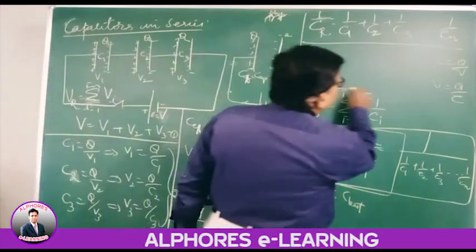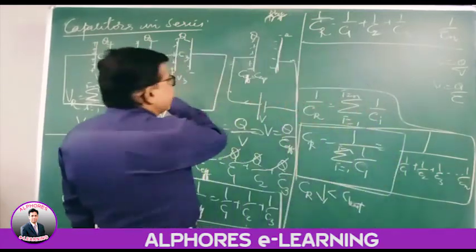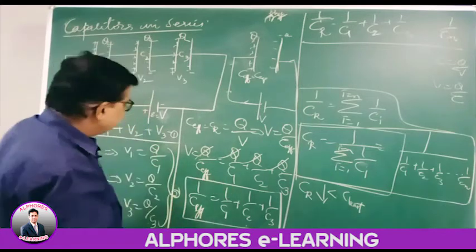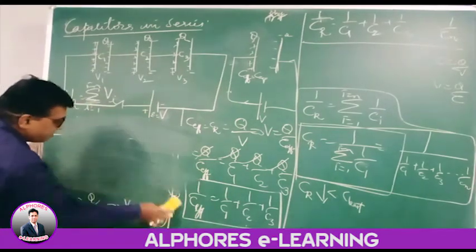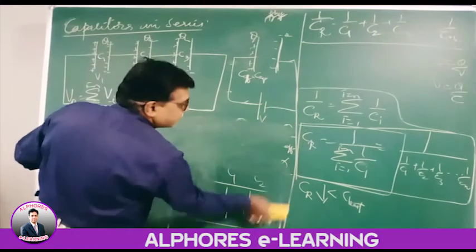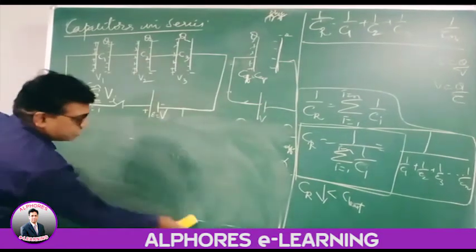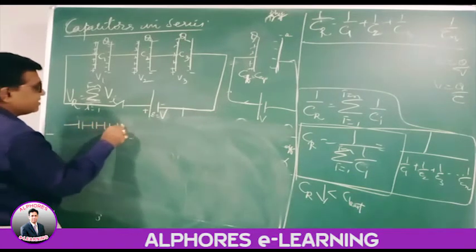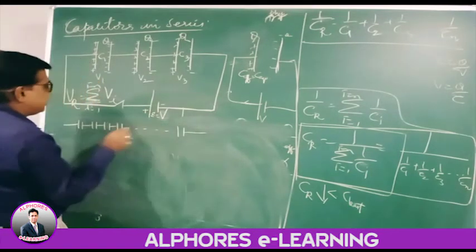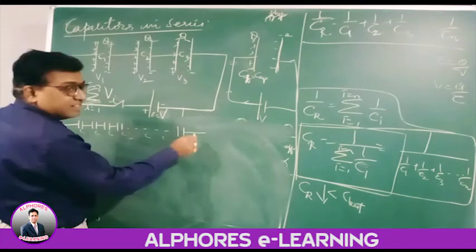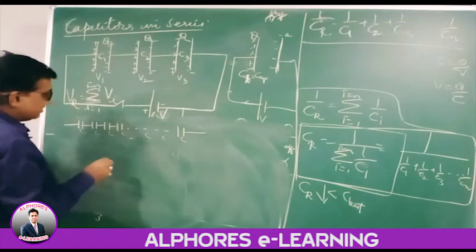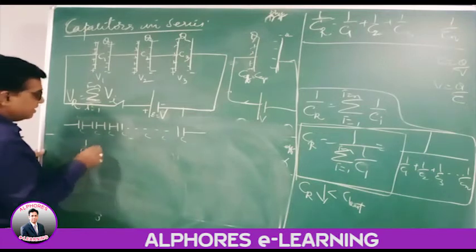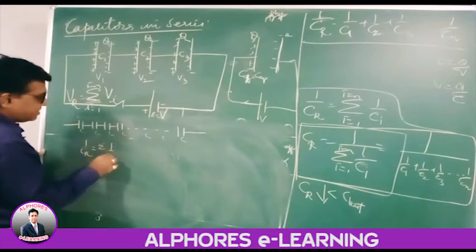Suppose n identical capacitors are connected in series like this. Then the resultant capacity is given by 1 by CR equals sigma of 1 by Ci.